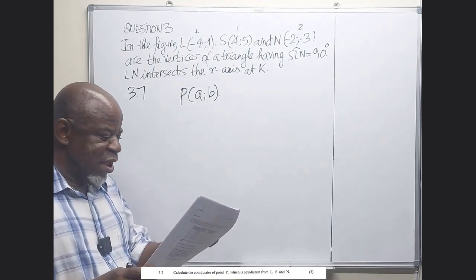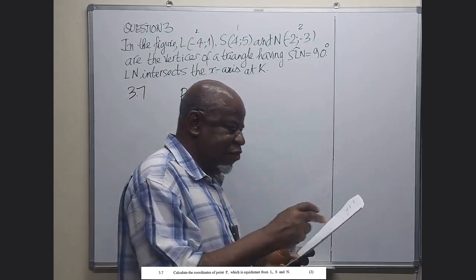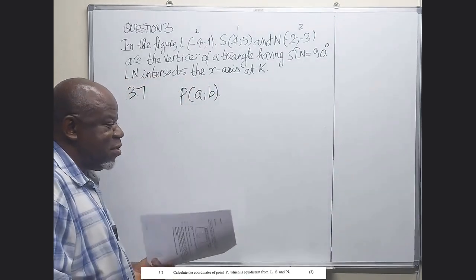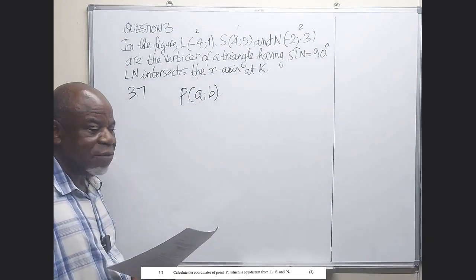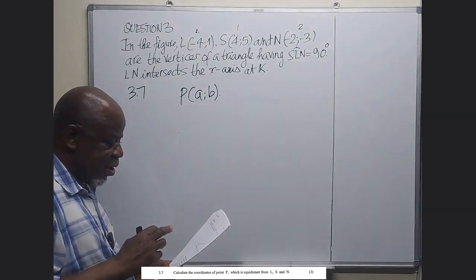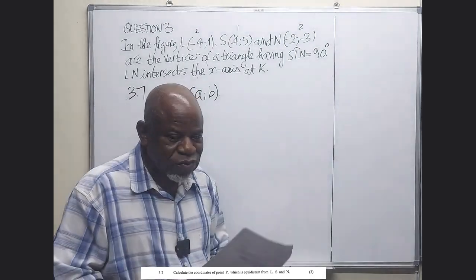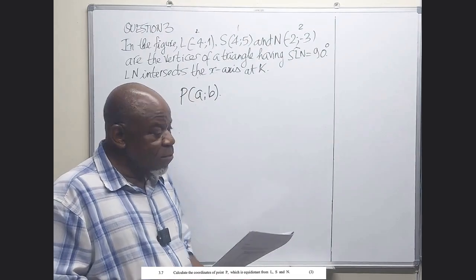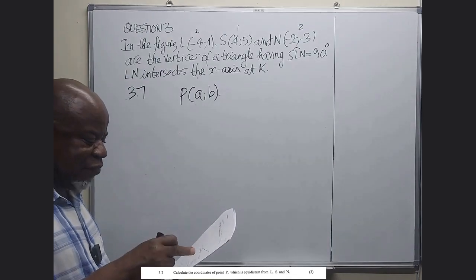So as our angle at L is 90 degrees, SN is going to be the diameter of our circle. Angle on a diameter is always equal to 90 degrees. So point P will be the middle of the side SN.